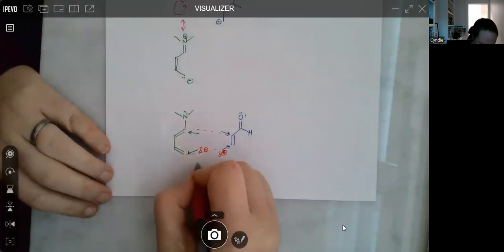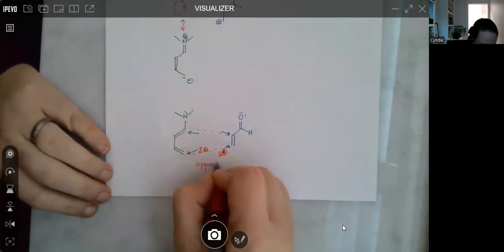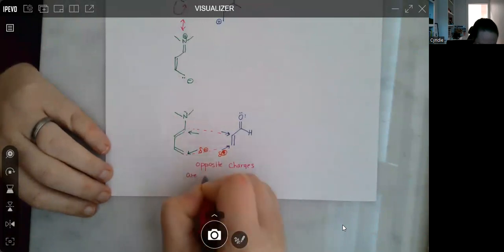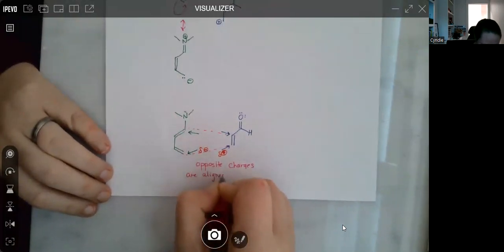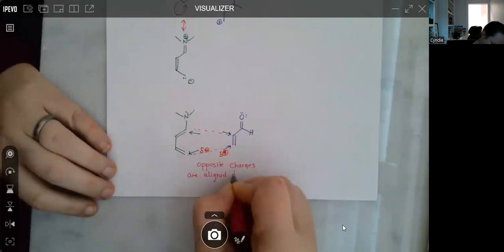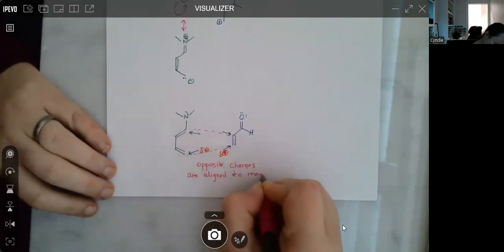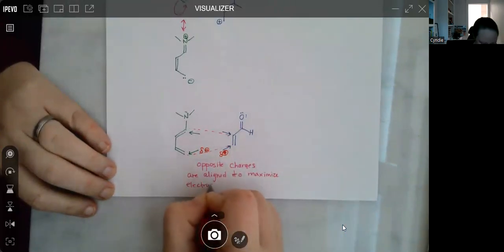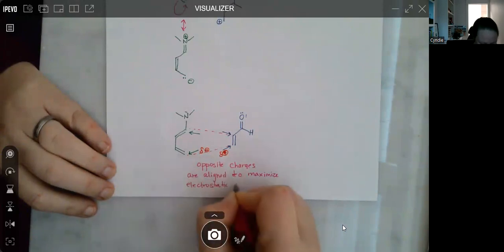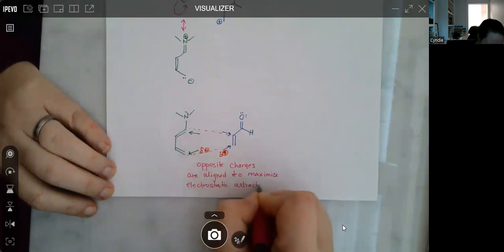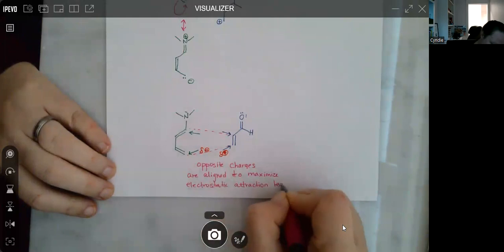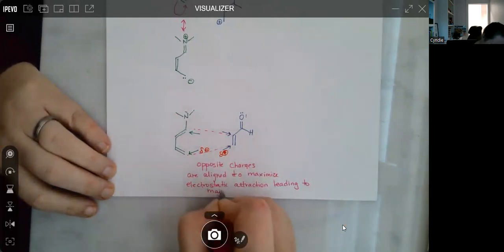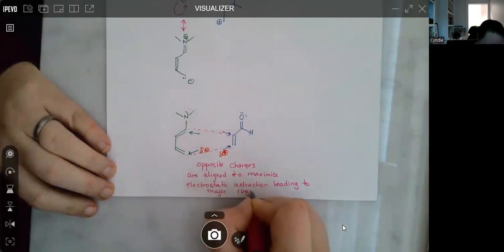So the opposite charges are aligned to maximize electrostatic attraction, leading to the major regioisomer.